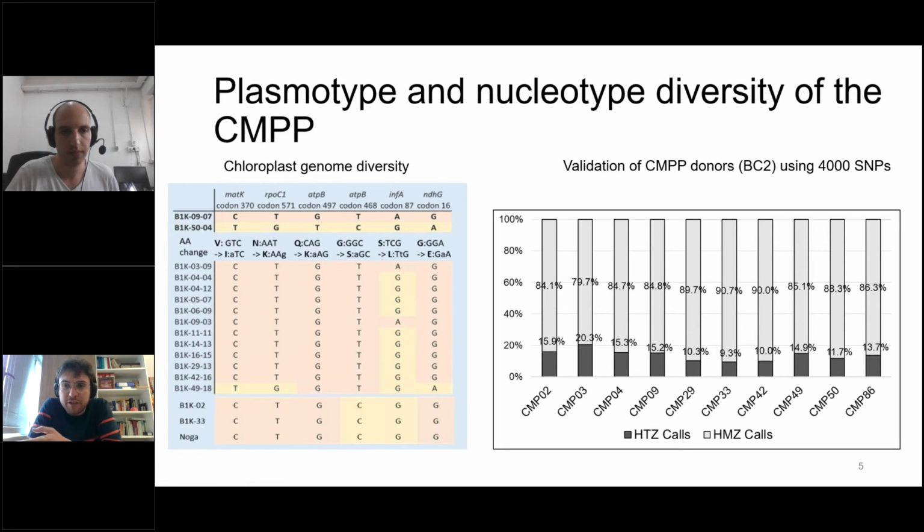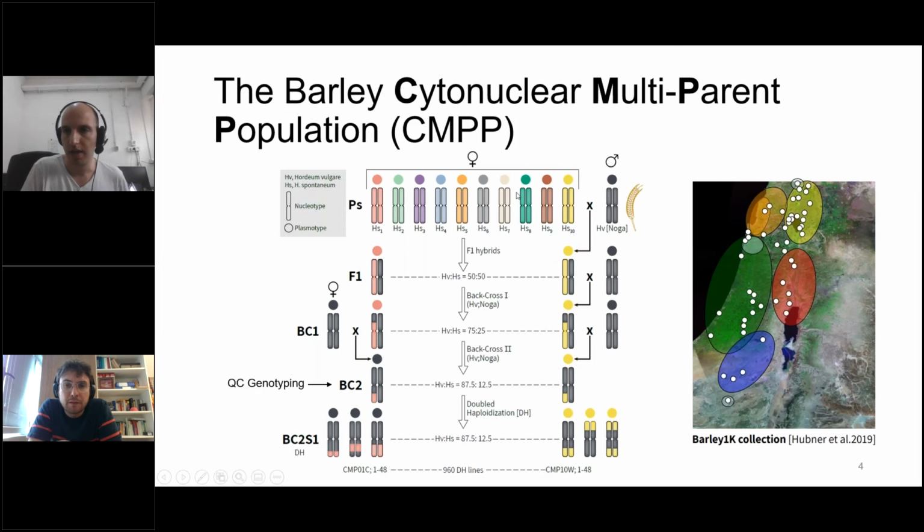Is there any reason why? If you want to rephrase my question, is the diversity that you see at the chloroplast level related in any way to the way the B1K collection was done? So basically, the collection was done mainly, if I go back to these slides, to represent different geographical and also rainfall gradients. You can see those different circles there.